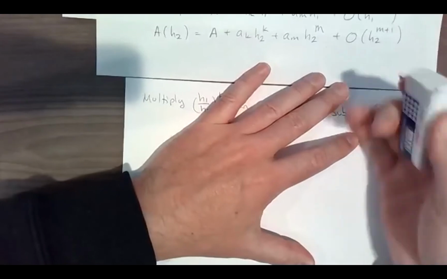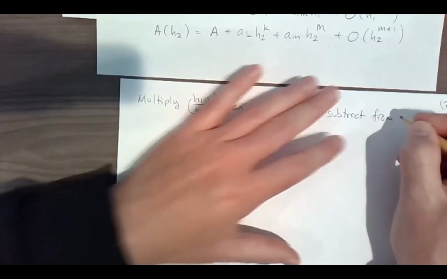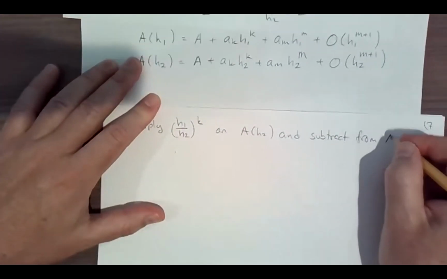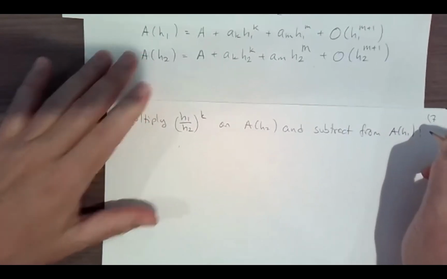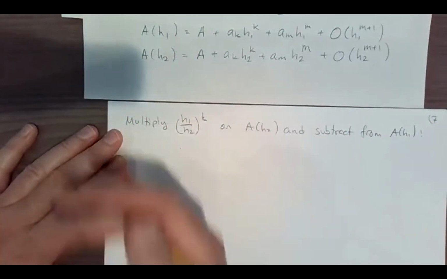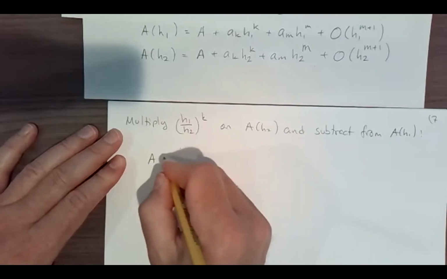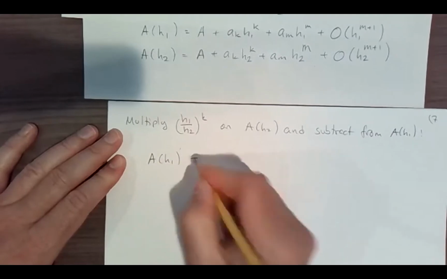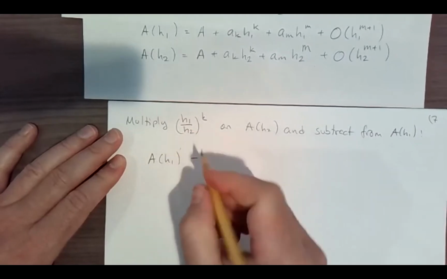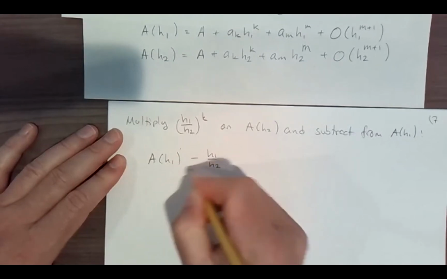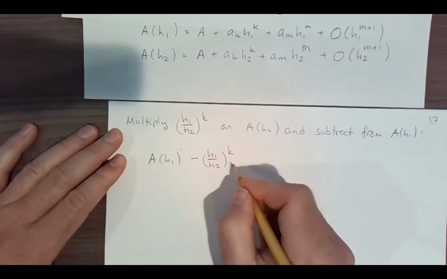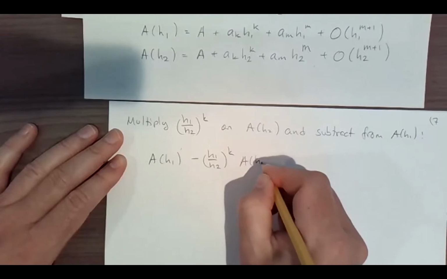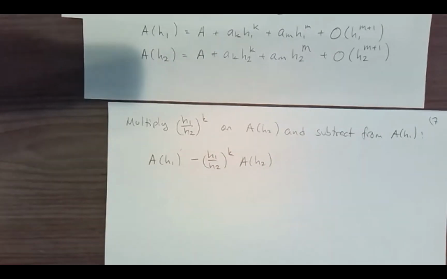So I'll have A of H1 minus this ratio times A of H2. What does that come to be?